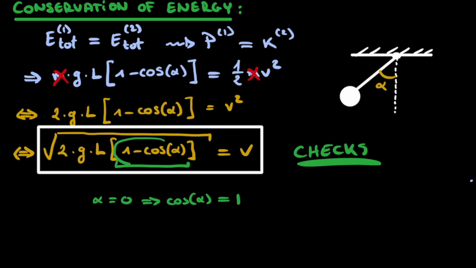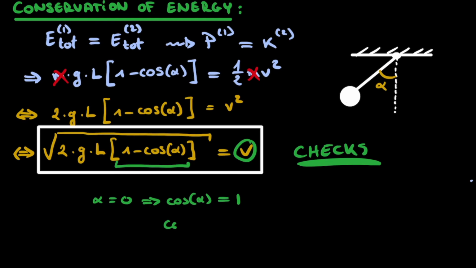And therefore, this term will become 1 minus 1. And so the square root of 0 will be 0, and our velocity will also be 0. And this makes perfect sense, because if our initial position is just hanging straight down, then, well, it will not gain any velocity. It will just hang there doing nothing forever and ever.